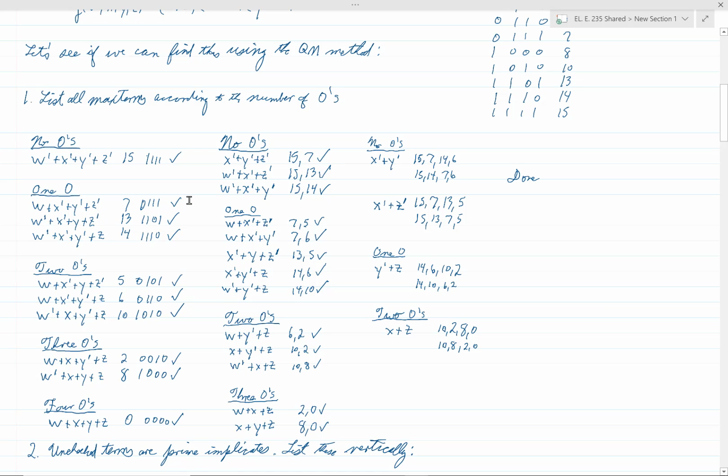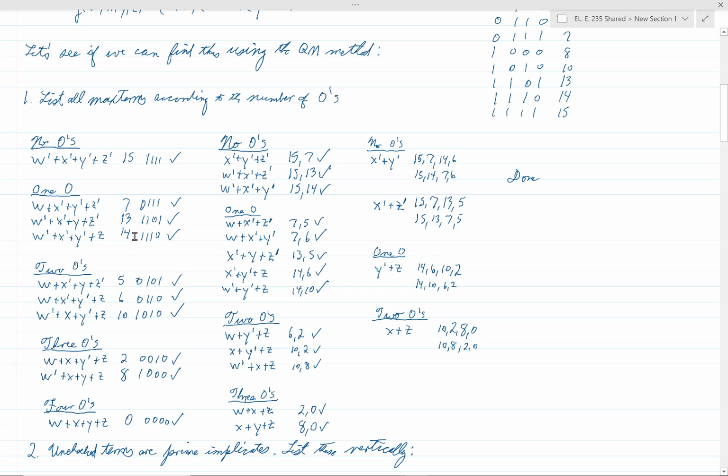15 and 13 will also work because 13 is a smaller number than 15, and the difference between those is a power of 2. And when you combine 15 and 13, you get w prime or x prime or z prime. Now we don't need to put any additional check mark by 15, but we will put a check mark by 13.